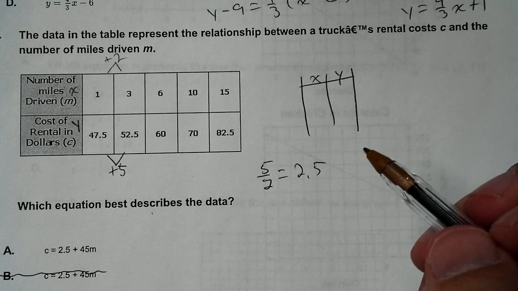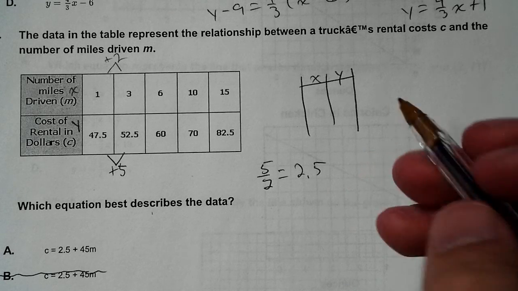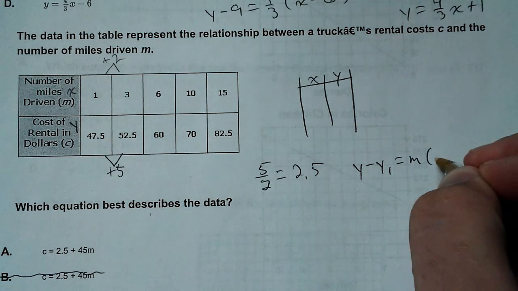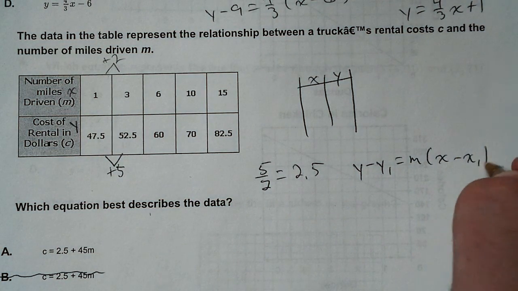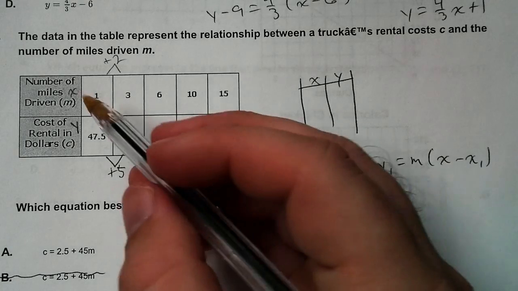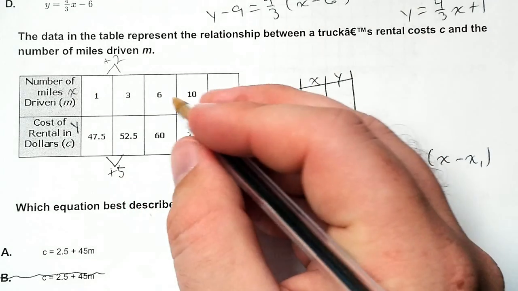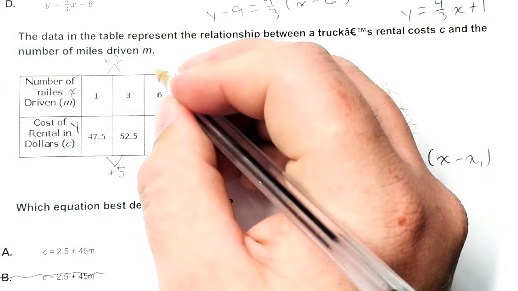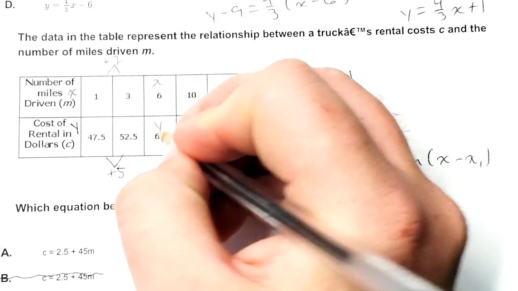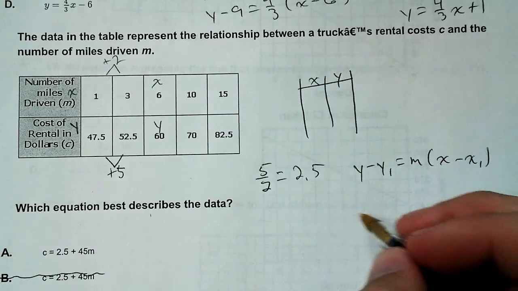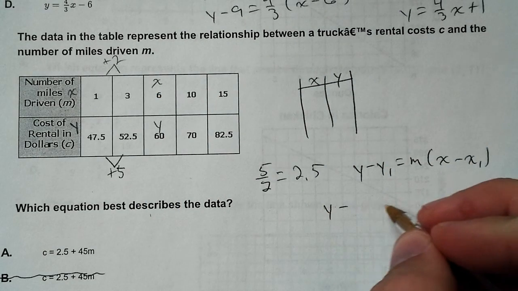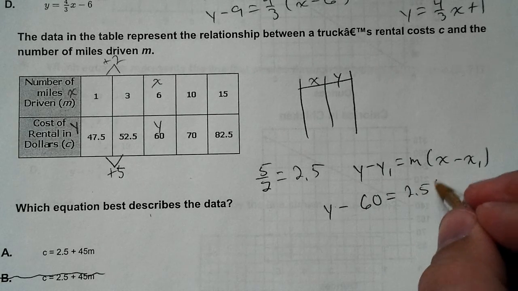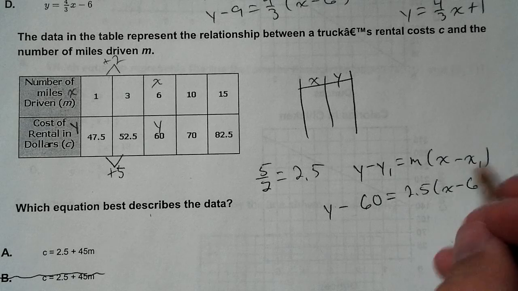And we need to put it in equation form, which is your y minus y1 equals m times x minus x1. We can pick any 2 points. I'm going to go ahead and just pick these 6 and 60, so I can kind of get rid of my decimals. So this one's my x, that's my y, and I'm going to plug it in. y minus 60 equals 2.5 times x minus 6.